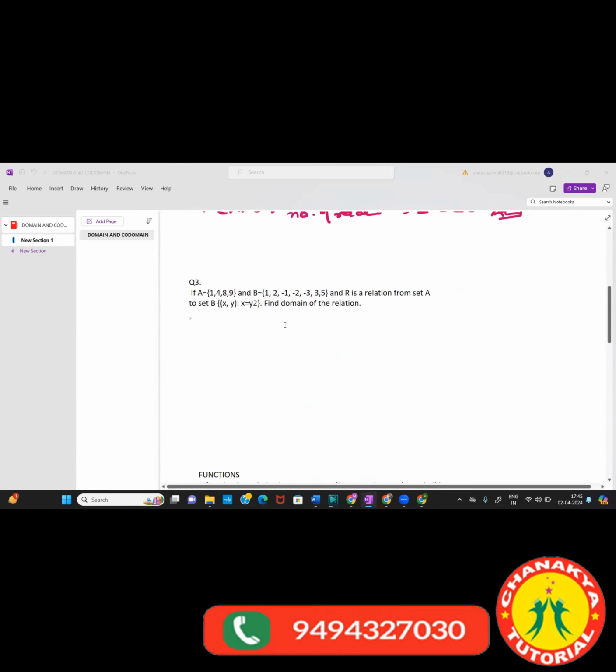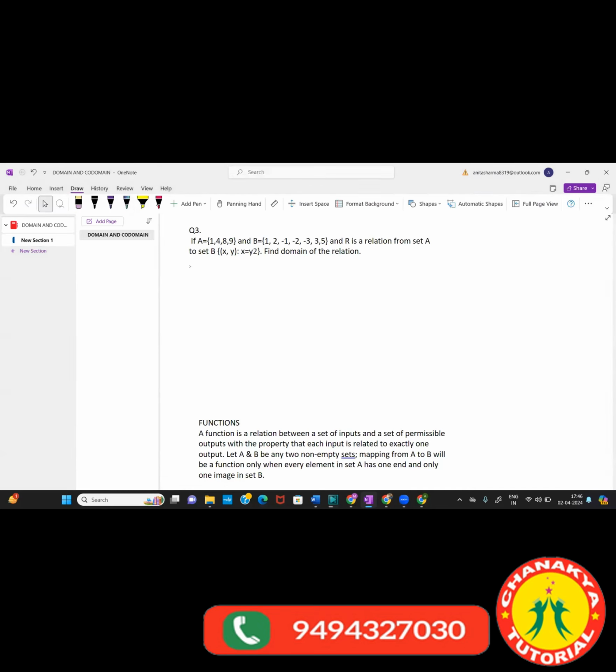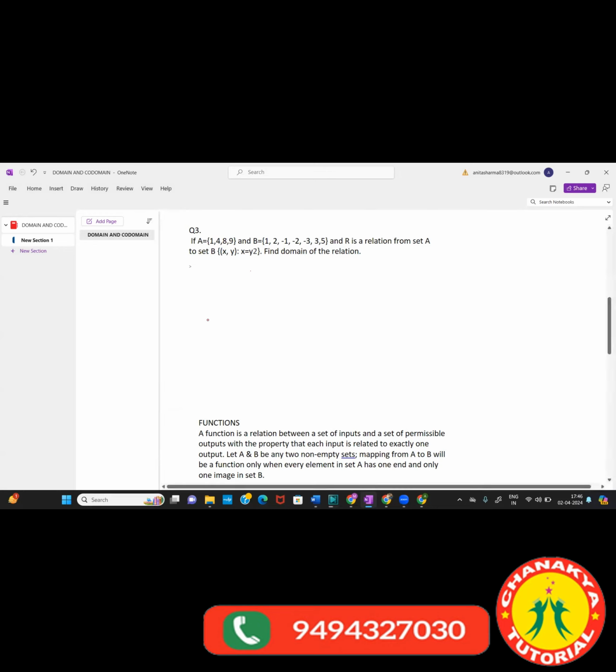Now next is, see, in question number 3, you have given set A is equal to 1, 4, 8, 9. Set A has elements 1, 4, 8, 9.